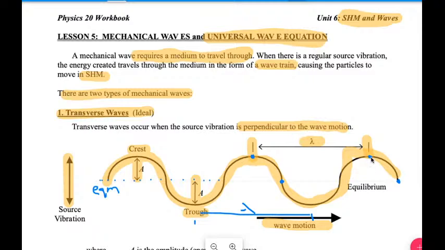A second ago, this particle was maybe here, and it moved up to the crest as the wave moved through it to the right, just as this one a second ago was here, moving up. At this point in time, it's at rest in terms of our vertical distance, and it's about to start moving down. So in a second, that particle will be here because our wave will have moved to something that looks like that. That's not a very good drawing, but hopefully you get the idea.